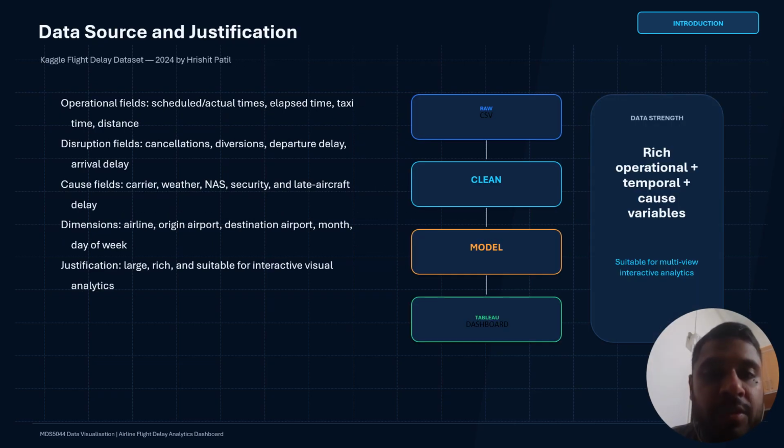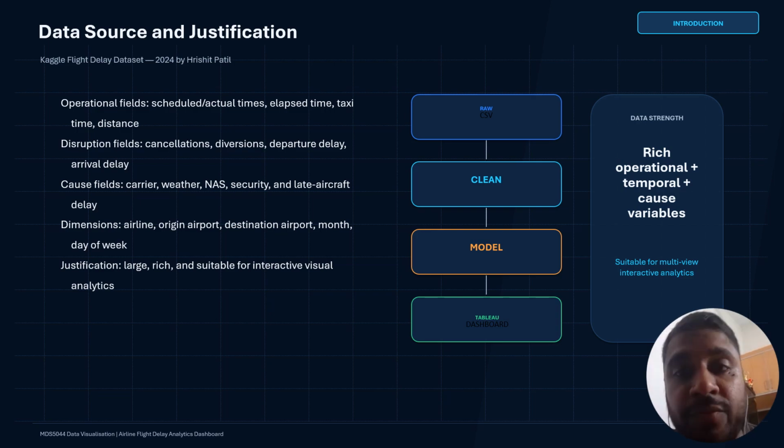The data source is the Kaggle flight data dataset for 2024 by Harshit Patel, which was also selected in Assessment 1. It is appropriate because it contains operational flight fields such as scheduled and actual departure and arrival times, elapsed times, taxi times, and route distances.